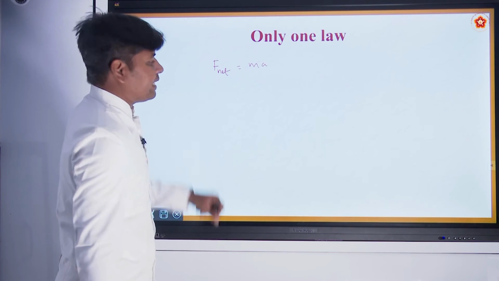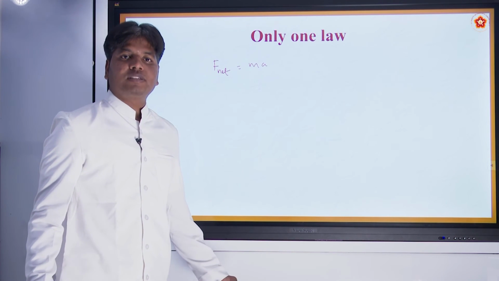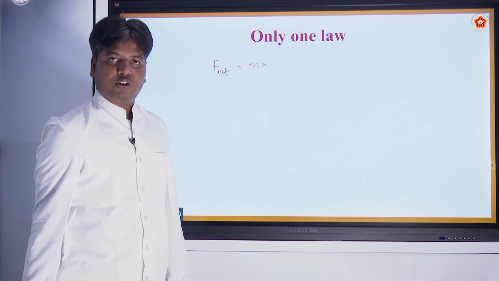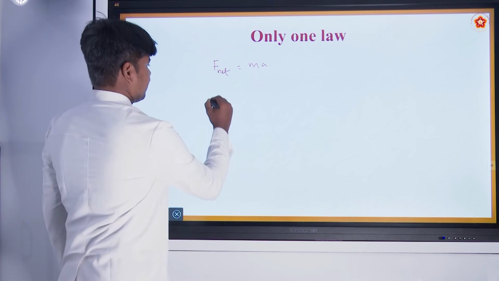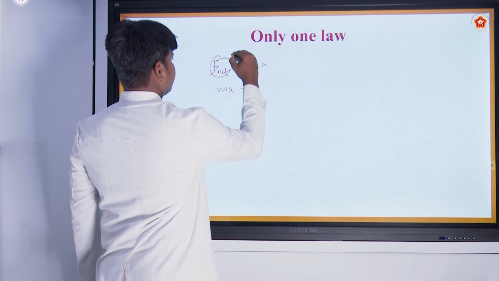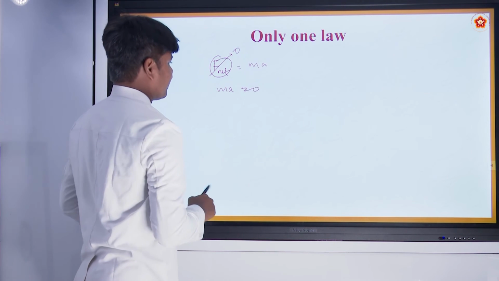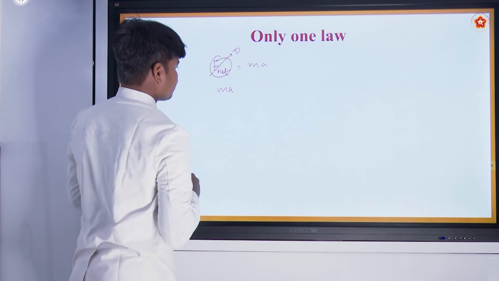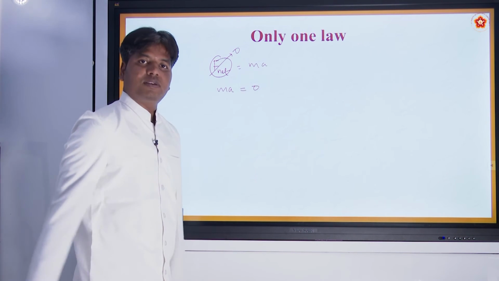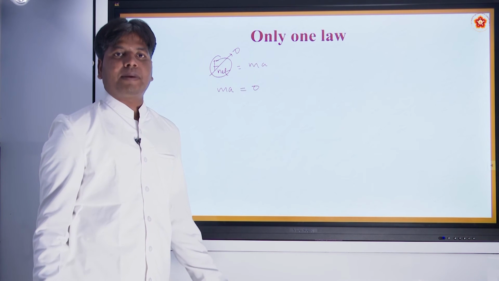If the F net is 0, if the external force is 0, in the special case, what can I think of? Mass cannot be 0, so ma is equal to 0. Mass cannot be 0 because mass is the matter contained in the body.